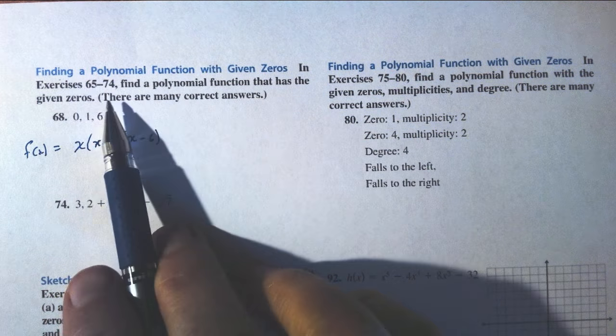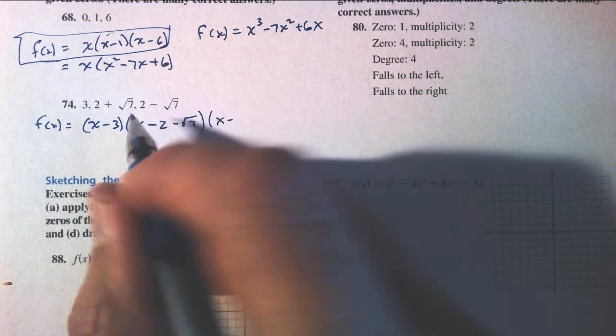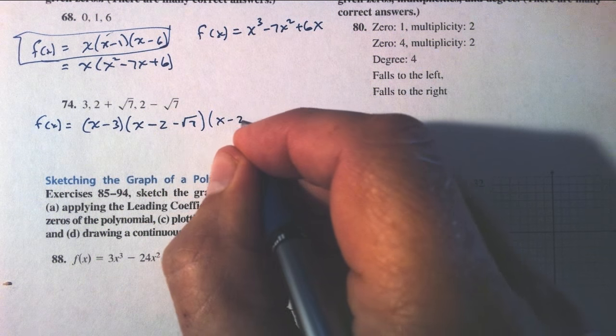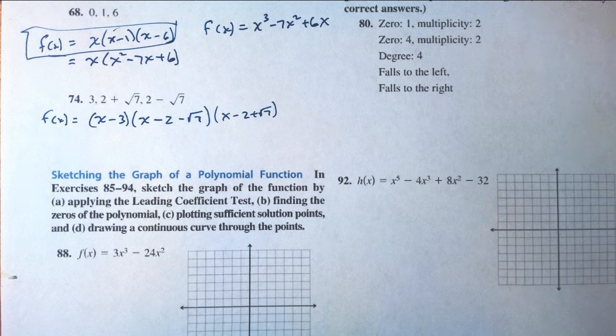If 2 plus root 7 is a 0, x minus that, and I'm going to distribute the negative, is a factor. If 2 minus root 7 is a 0, then x minus that, and I'm going to distribute the negative, is a factor. And technically, you were right here.